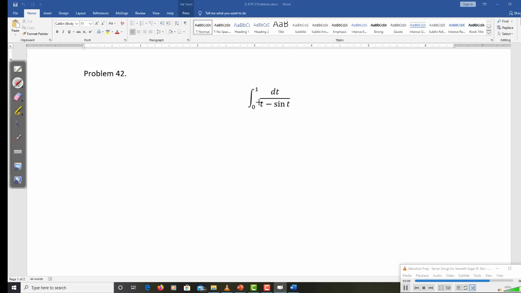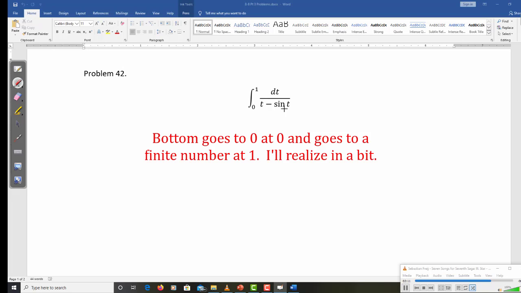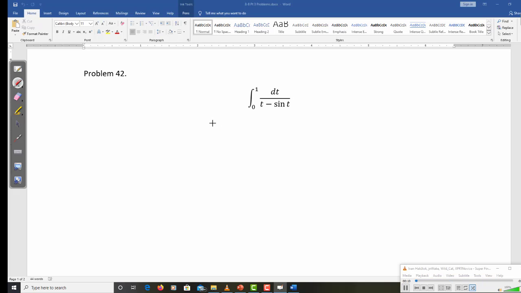The problem with this one, this is an improper integral of type 2, because you see the bottom's going to infinity. But it's also doing this thing, where it's doing the subtraction. So the question is, will that subtraction cancel out the 0 part of it? Well, let's see here. There's actually a hint in the book.